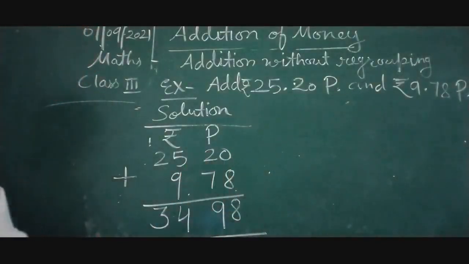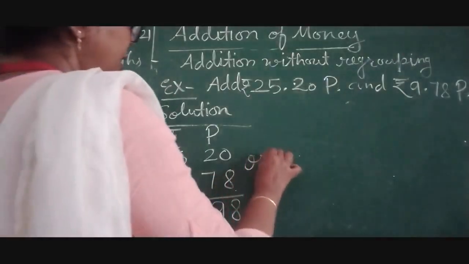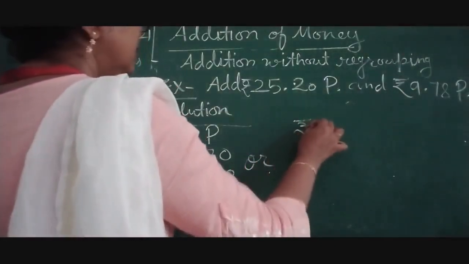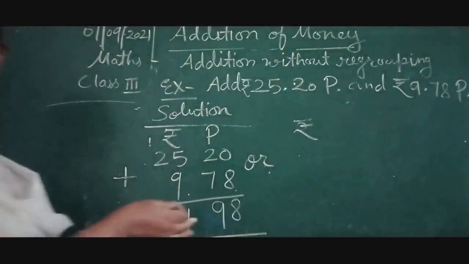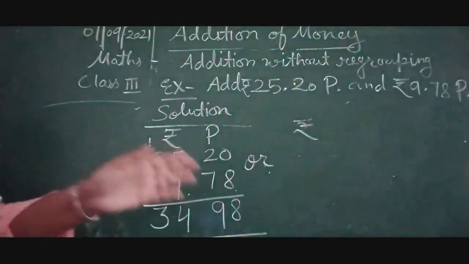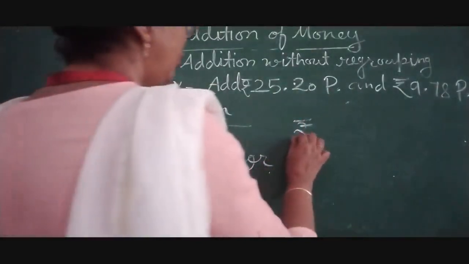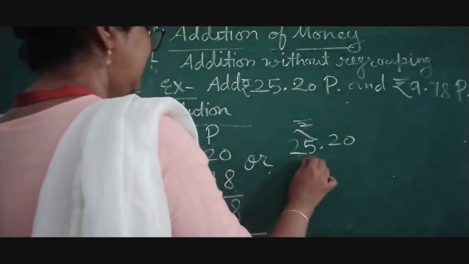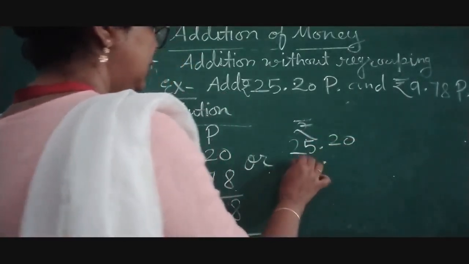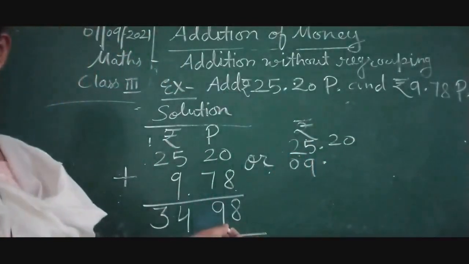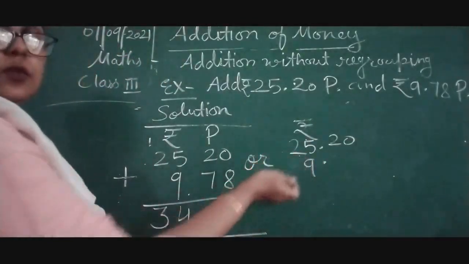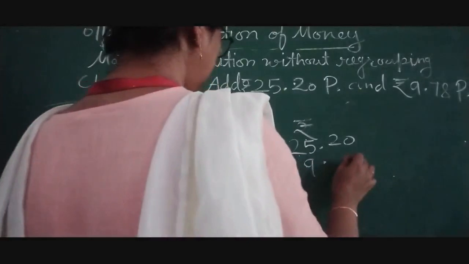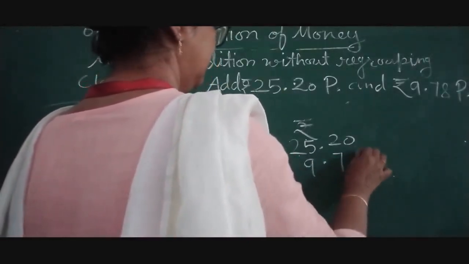First we have done. Now, or you can do rupees like this, or like this; it is not necessary that you write it. और इधर 9 पॉइंट या 0 यहाँ कर लीजिए, जो भी आप चाहते हैं. If you don't write, just don't write it. And here 78.